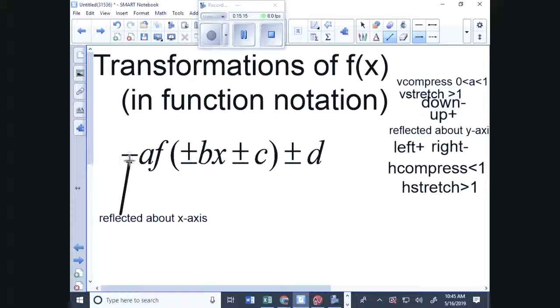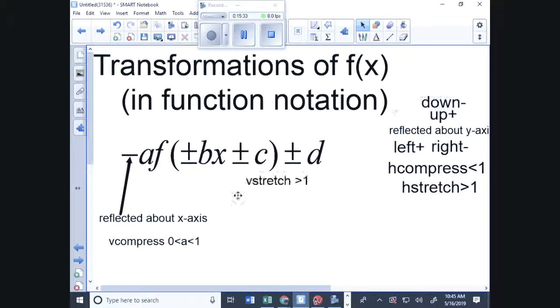The A is our vertical compression. If A is between 0 and 1, then we have a compression, the graph gets wider. And if A is bigger than 1, then we get a stretch. So A controls these two.